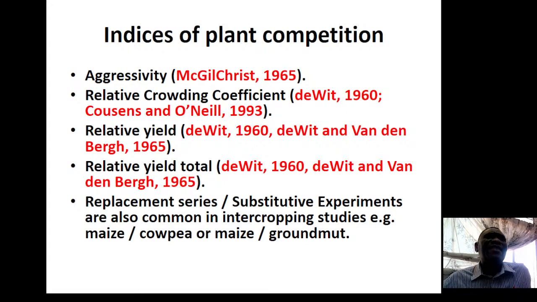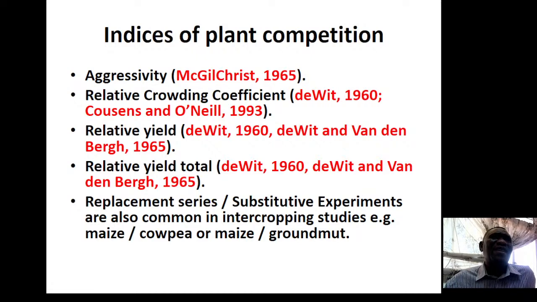The indices for plant competition we have described. Aggressivity actually was originated by McGilchrist in 1965. Relative crowding coefficient was originated by DeWitt in 1960. Then it was promoted by Cousens and O'Neill in 1993.